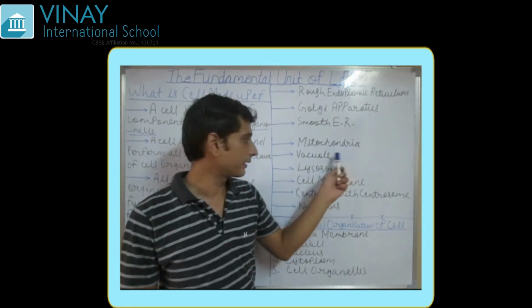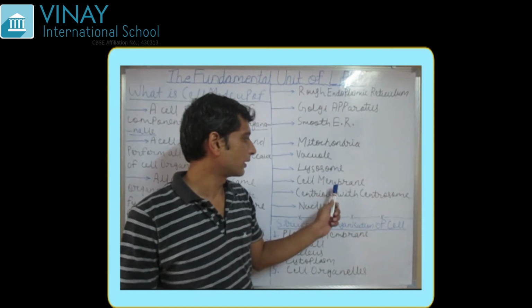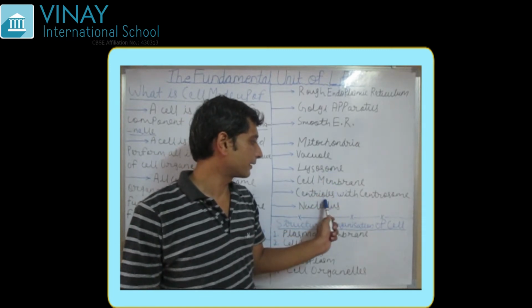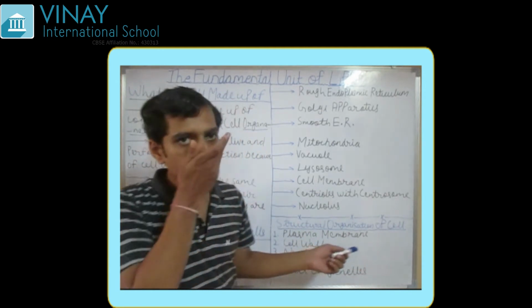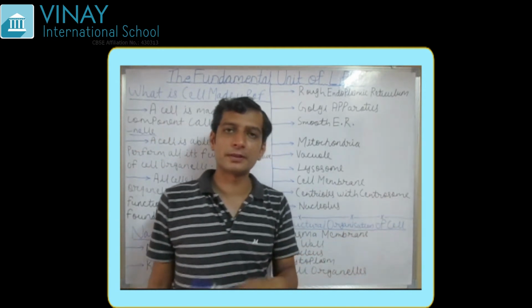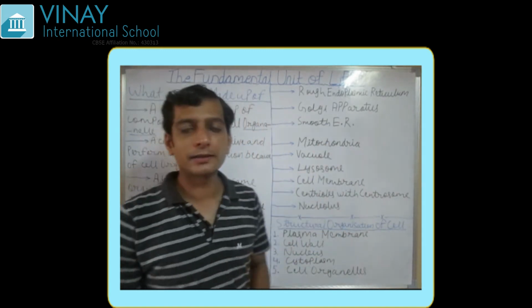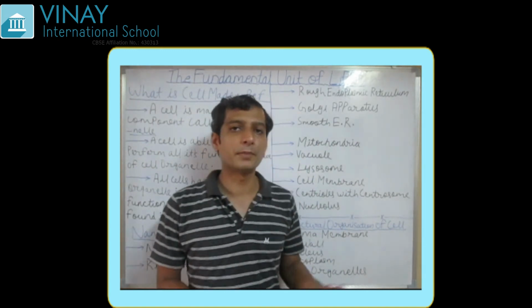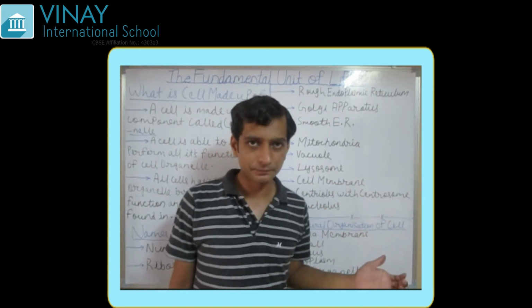Next is mitochondria, vacuoles, lysosome, cell membrane, centriole with centrosome. Centrosome, this word you have seen in the difference between the plant cell and animal cell, and nucleolus. So these all are the main organelles which are found in the cell.